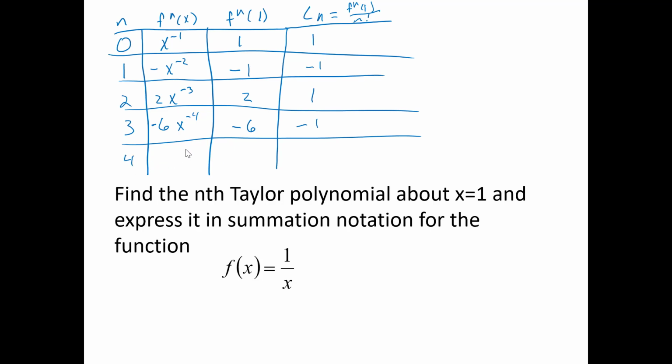When n is 4, you will get 24 x to the negative 5. And then over here, you'll plug in 1 and you'll get 24. But 24 divided by 4 factorial is positive 1.